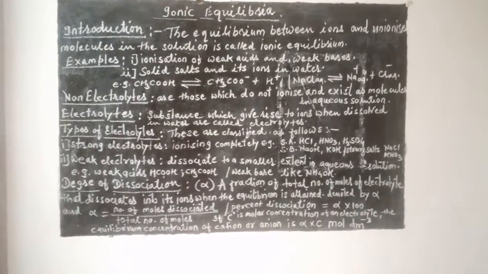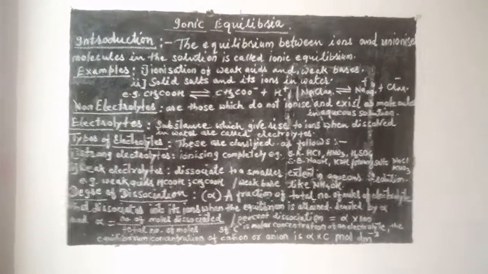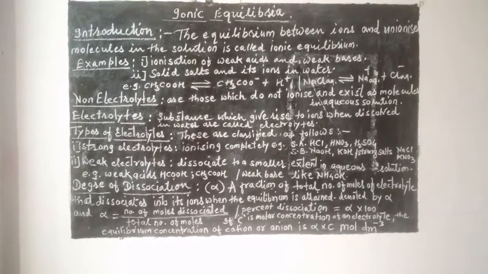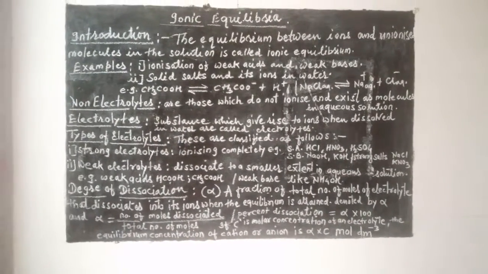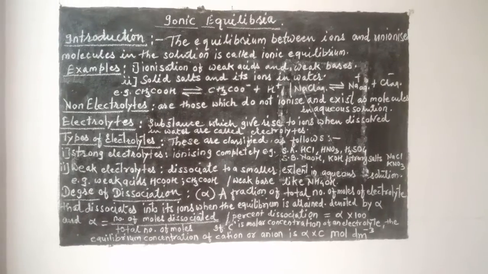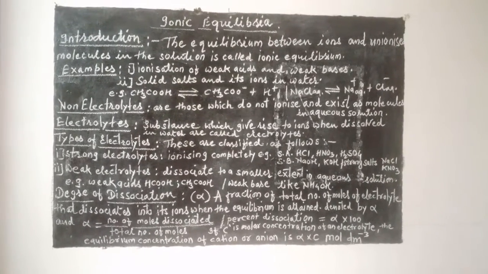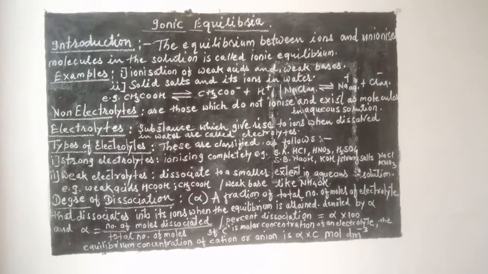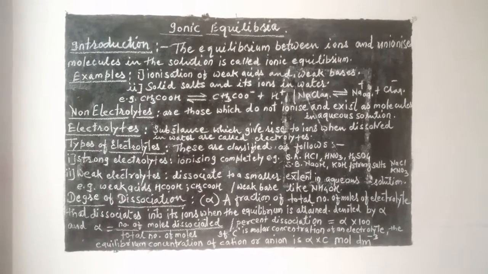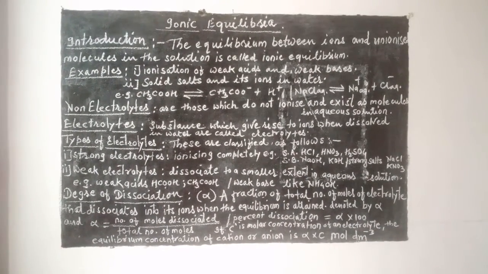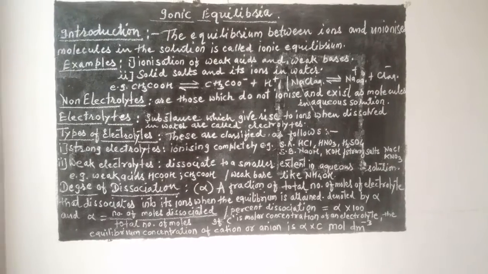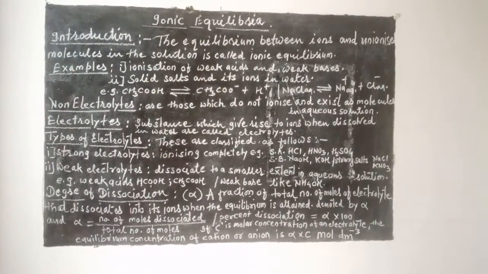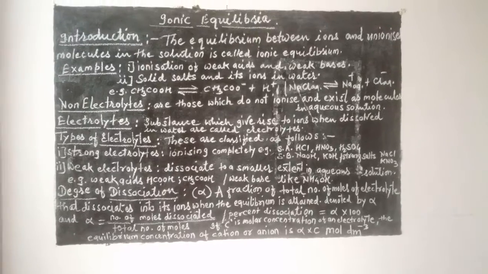Even a solid salt, for example common salt NaCl, when dissolved in water, gives ions as the reaction is given on the blackboard. NaCl aqueous is equal to Na plus aqueous plus Cl minus aqueous. That means in a saturated solution, NaCl molecules are present, and Na plus and Cl minus ions are also present at the same time.